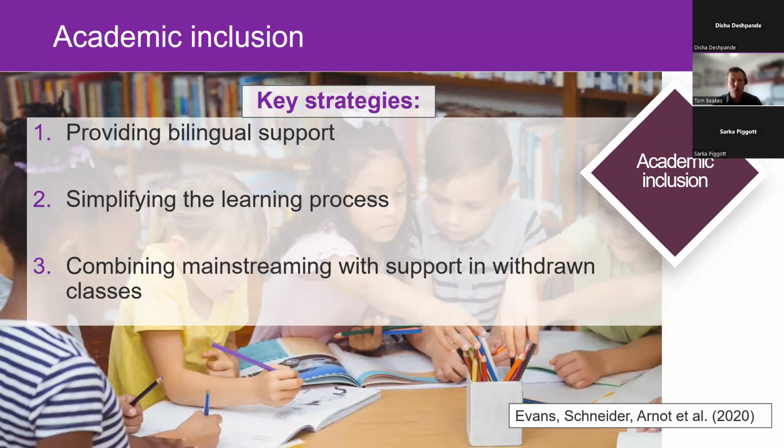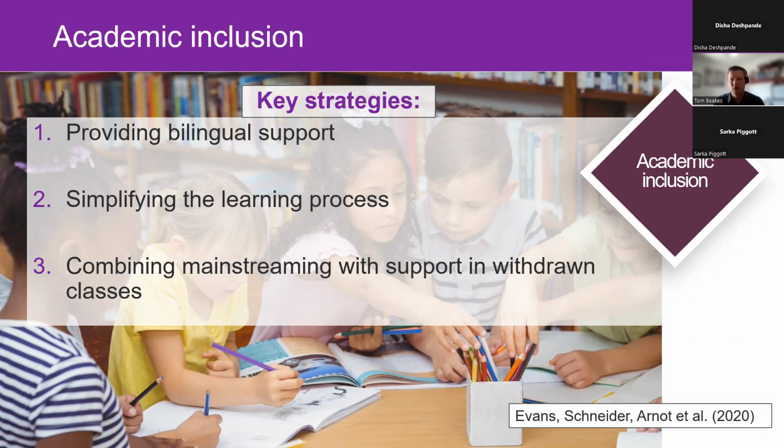If you need to withdraw learners from mainstream classes, it's going to be more useful to choose those lessons which have a very high demand in terms of language. So we're talking about language topics such as English, or perhaps taking a slot from another modern language or something like that.